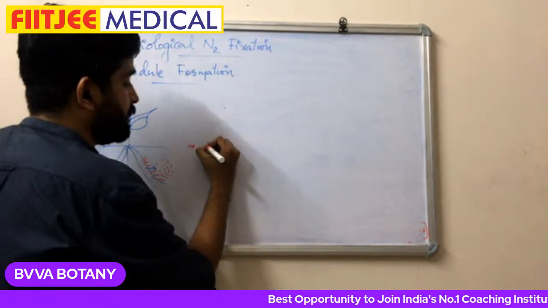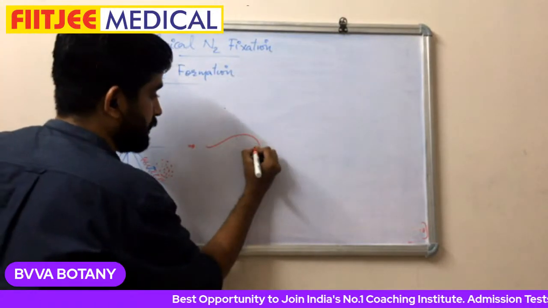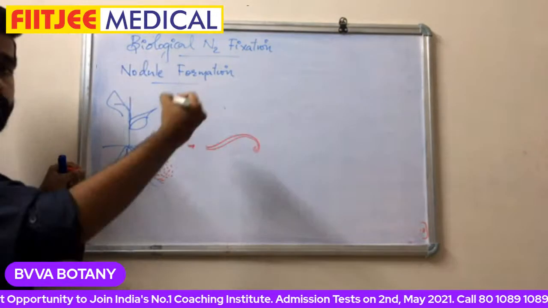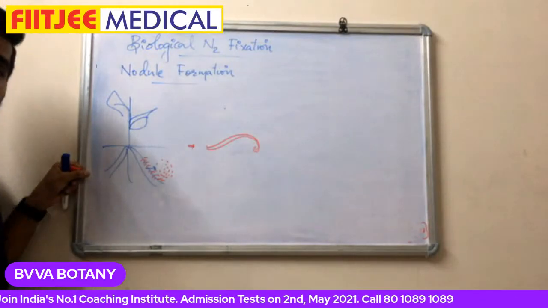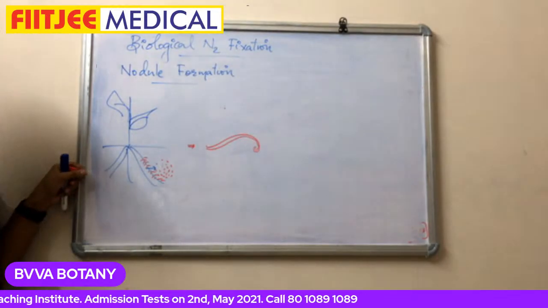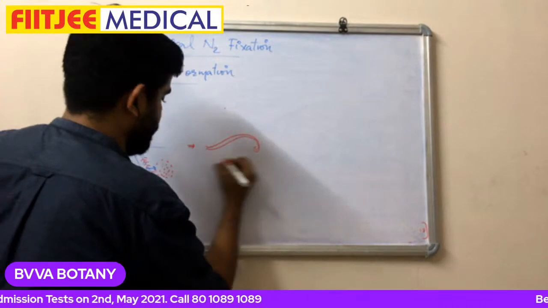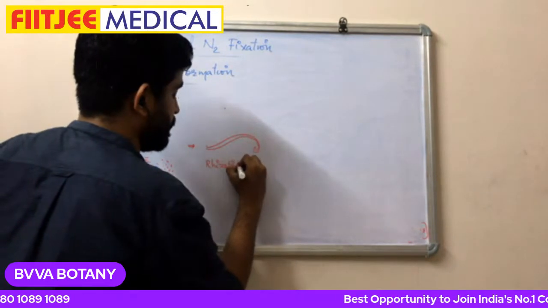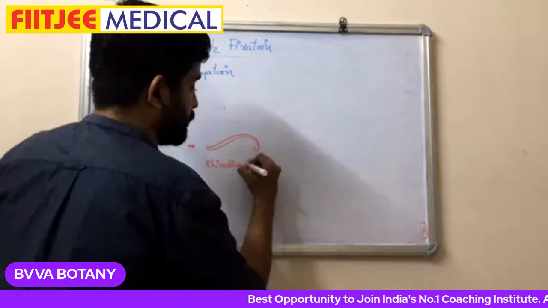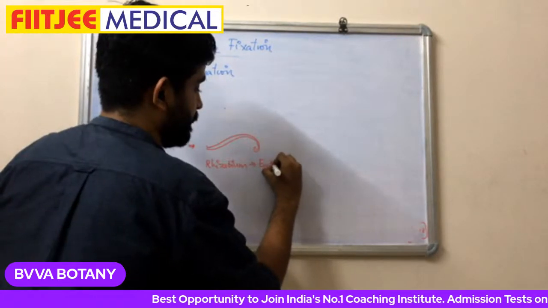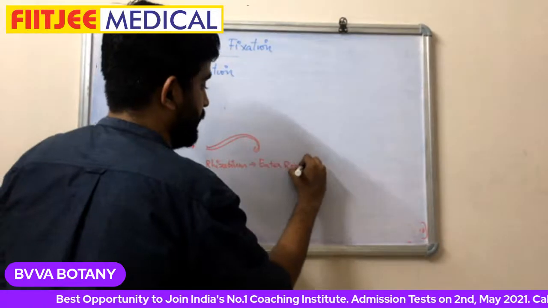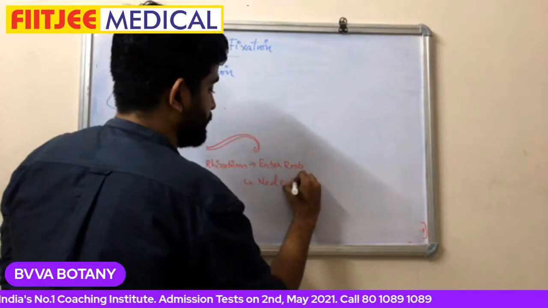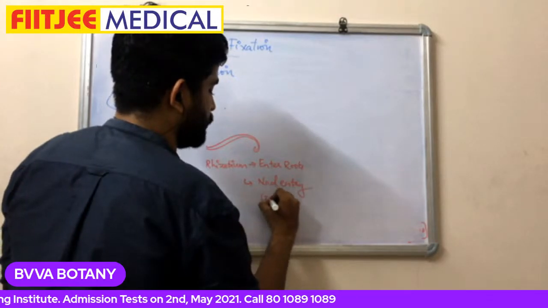The root hairs will bend. The tips will get bent. That actually makes the entry of the Rhizobium easier. Now, what will happen later on? The Rhizobium enters the root through the root hairs, either through the tip, or through the side, which is crack entry.